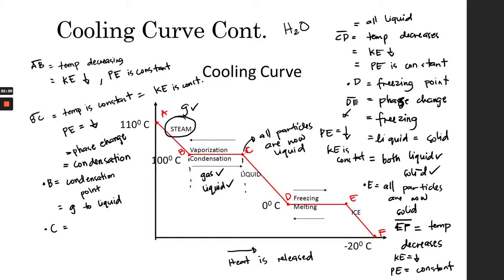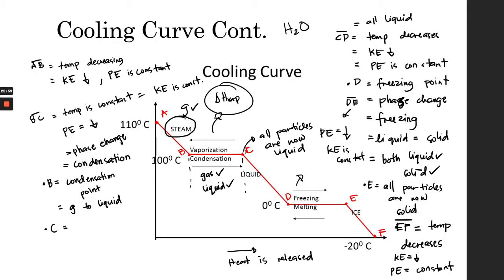So at this point, what is the heat being called? The heat that is being released here is still the same as the heat that is being absorbed in the heating curve. So we still use delta H of vaporization here. So delta H vaporization is equal to delta H condensation.